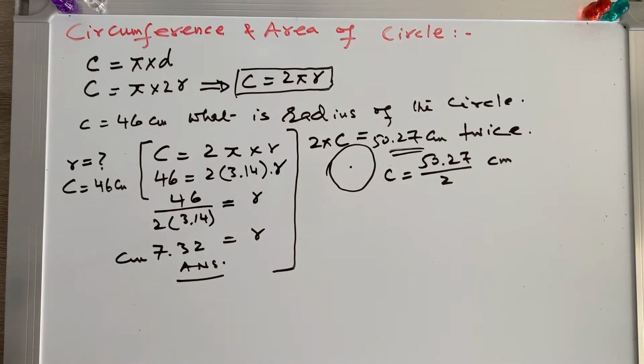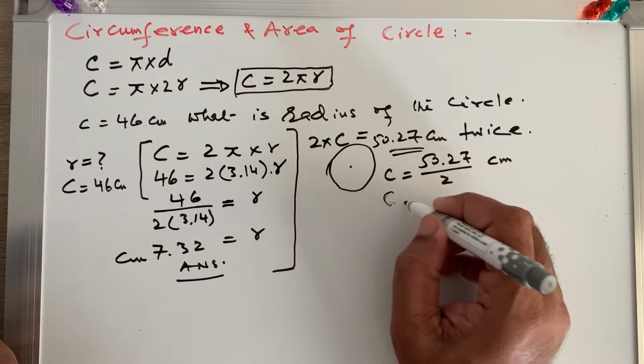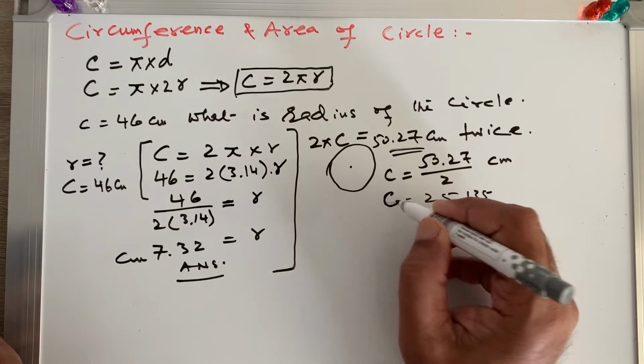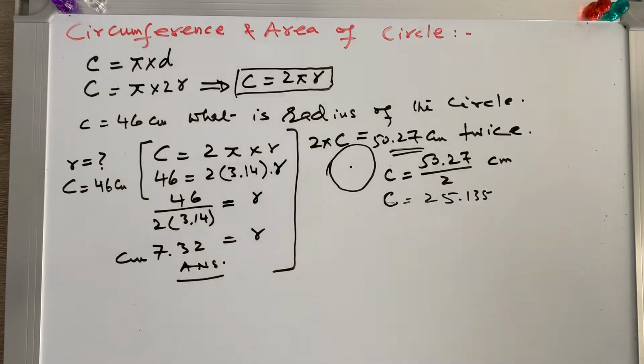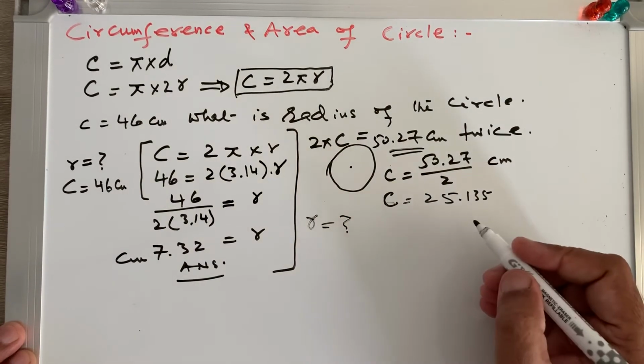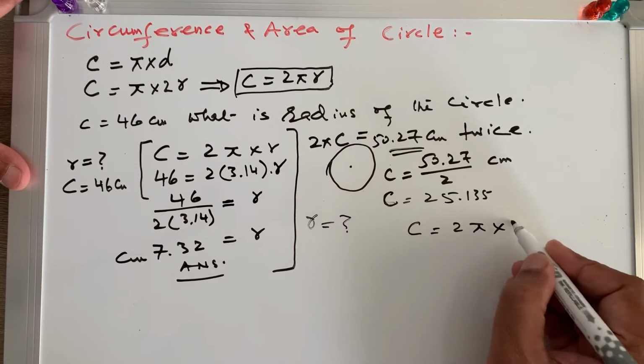Now we see what 50.27 divided by 2 is. So circumference is equal to 25.135. This is my circumference, right? The question says 50.27 centimeter of string was needed to wrap around a circular object twice. What is the radius of the object? Again, the radius is unknown, so I will say radius, question mark, and the formula applied is circumference is equal to 2 pi times r.